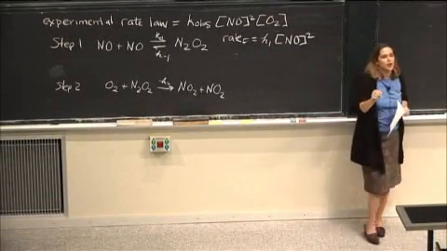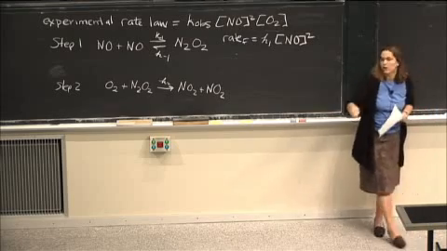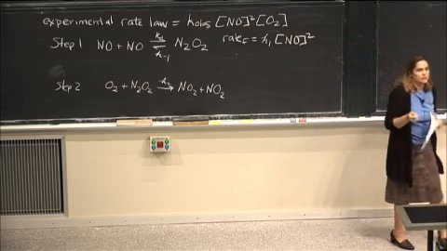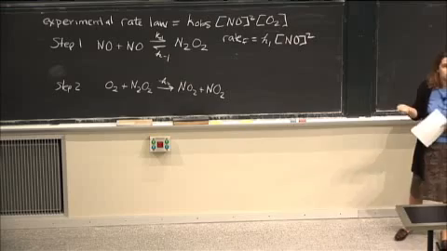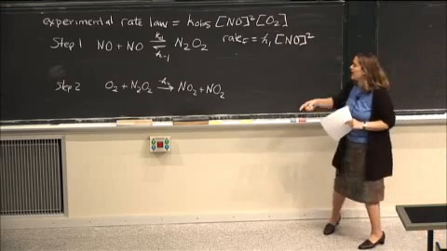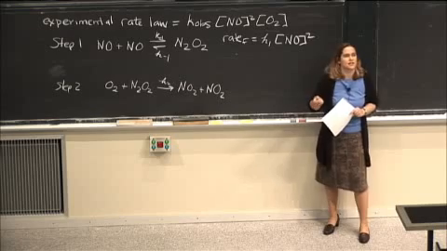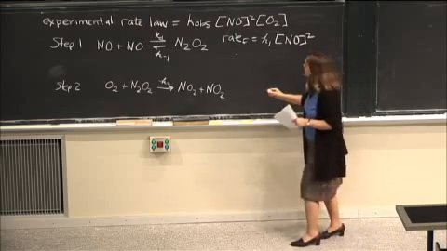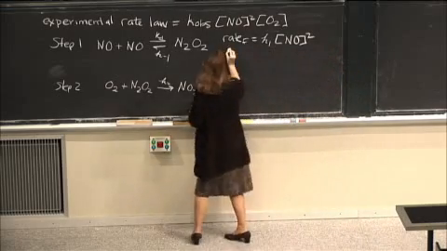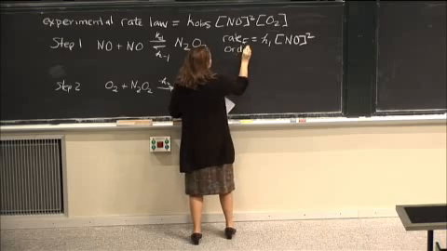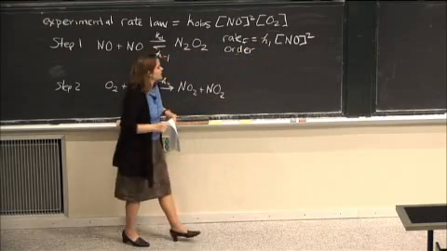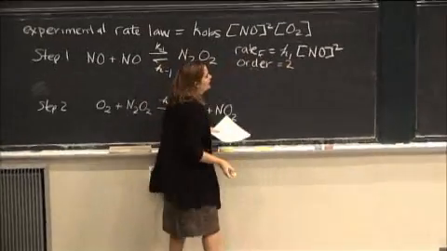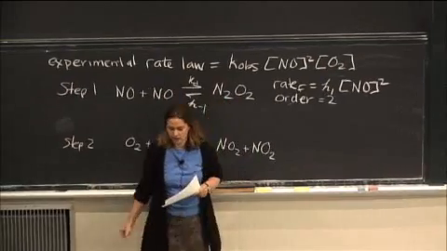We can write a rate law for that step using the stoichiometry of the reaction. For an overall reaction, you can't do that. It has to be experimentally determined. But for an elementary reaction or a step in a mechanism, you can do that. So we write it exactly as it occurs. So what would be the order of this particular reaction as written here? 2. And what about molecularity?